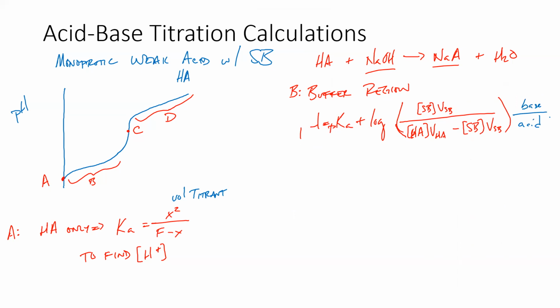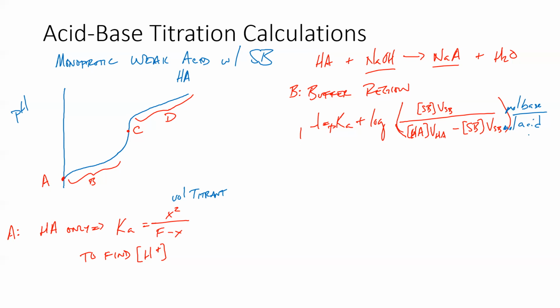If they're both in, say, 475 milliliters, then the top one is the moles of base divided by 0.475 liters. The acid is moles of acid divided by 0.475 liters. And the volume cancels out. And so even though we tend to write it as concentrations, it is A-OK for us to write it in terms of moles. And so this is the same as moles of base over moles of acid.